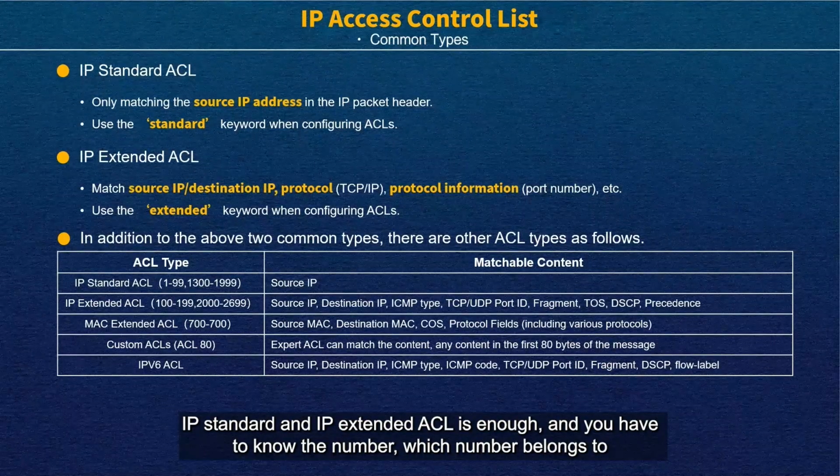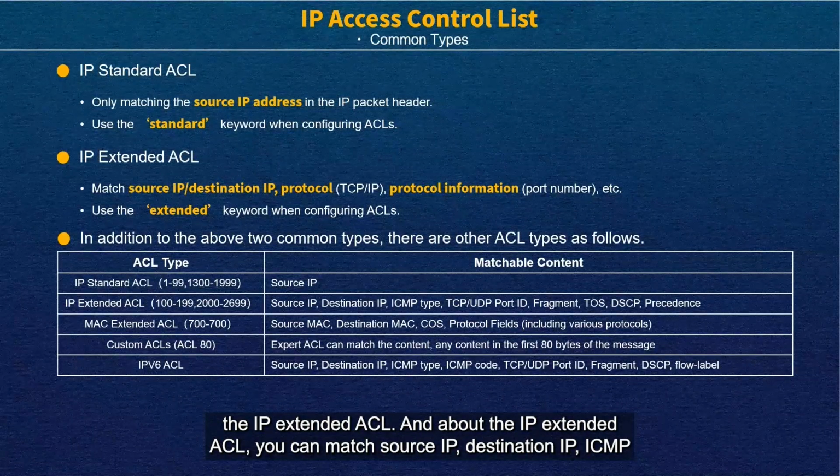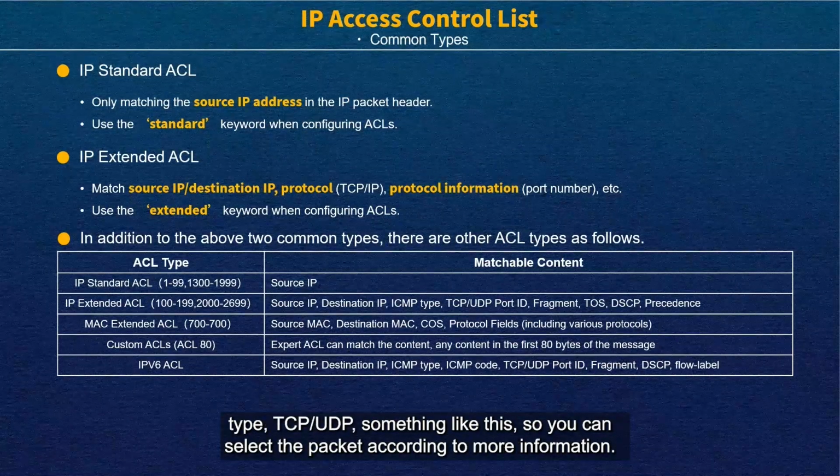That's enough, and you have to know which numbers belong to the IP extended. About the IP extended ACL, you can match source IP, destination IP, ICMP type, TCP, UDP, something like this. So you can select the packets according to more information.